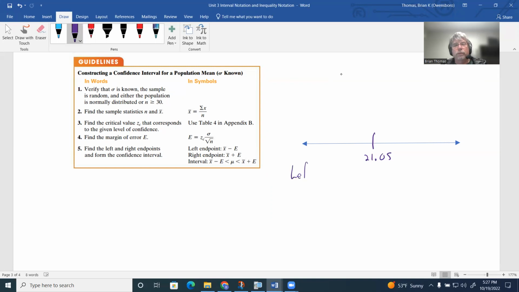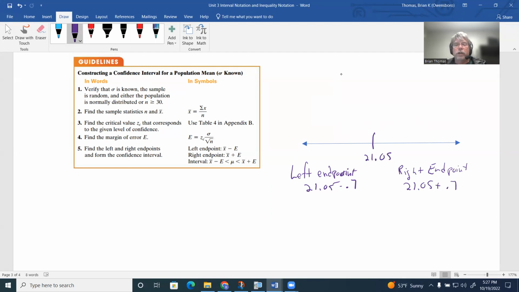So the left endpoint is going to be 21.05 minus 0.7, and the right endpoint is going to be 21.05 plus 0.7.